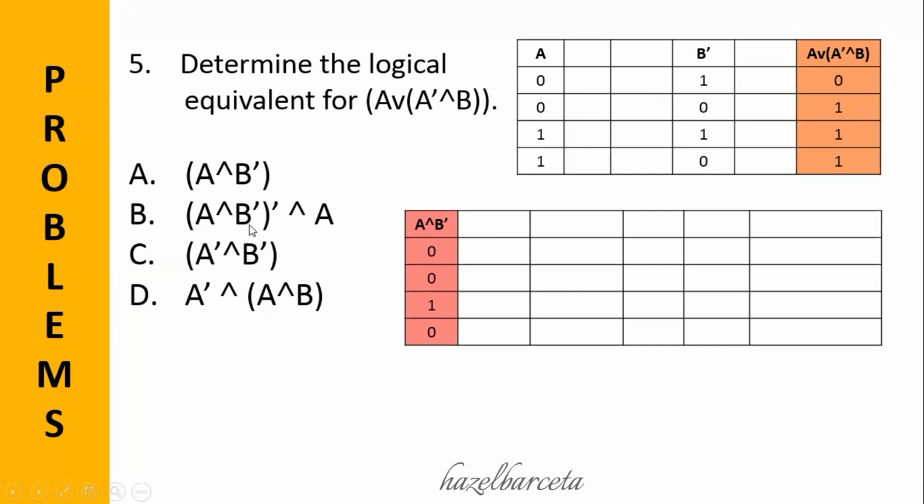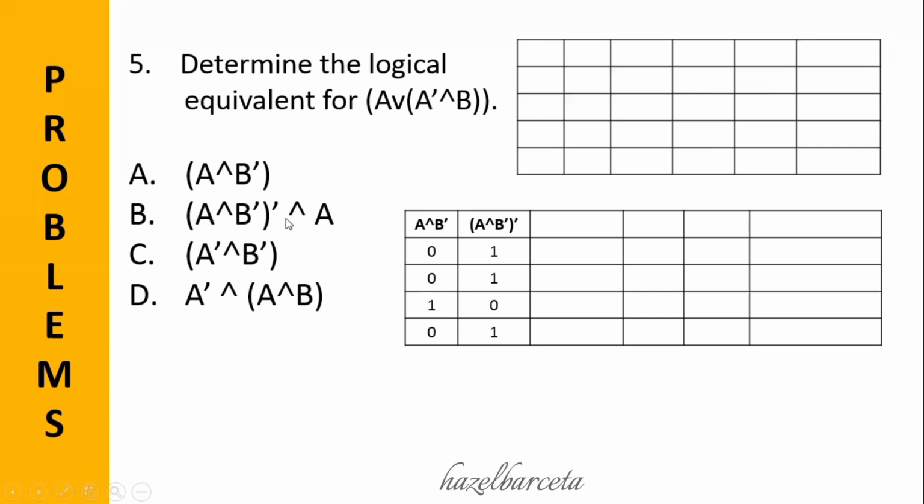Then, let's move to letter B. Mako-consider na po natin si A, kukunin lang po natin yung complement. So, ito ang ating considerations. Kukunin po natin ang complement para sa letter B. Okay? So, yung 0 ay 1. Ayan. So, nakuha na po natin ang complement niya. So, ito, tapos na po tayo dito.